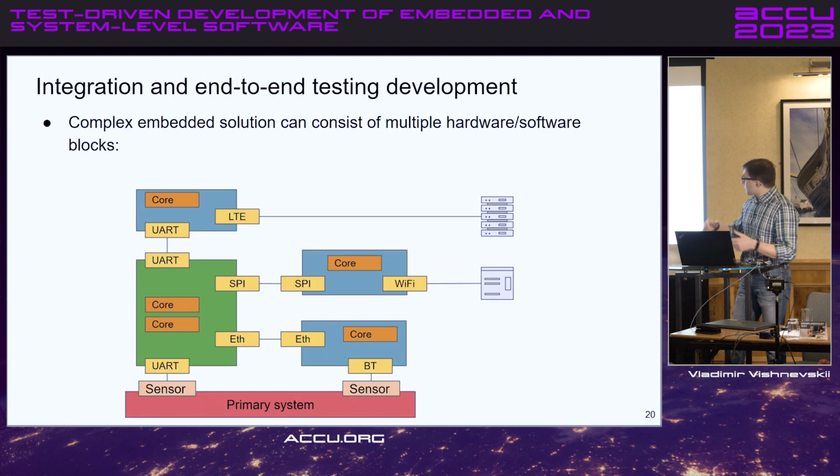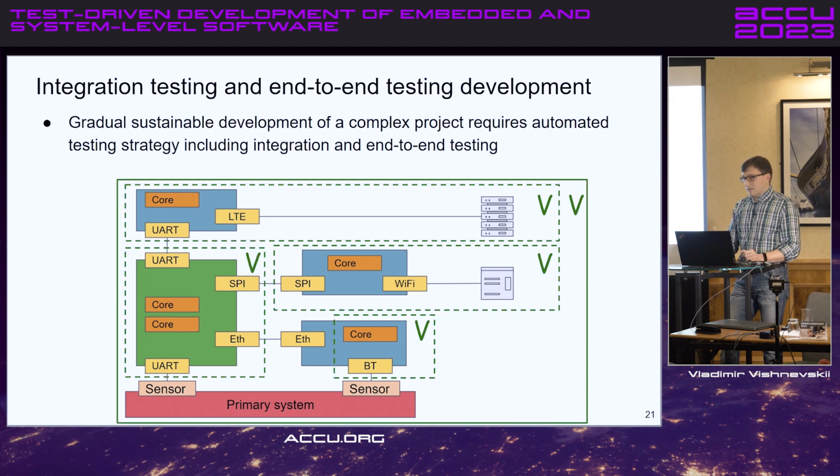But if we look at some complex embedded solution, a hypothetical one, of course, where we have multiple blocks connected with each other, with interaction with the primary system where we are embedded, and potential communication with the backend, most likely some automated strategy for verification of the solution is required.